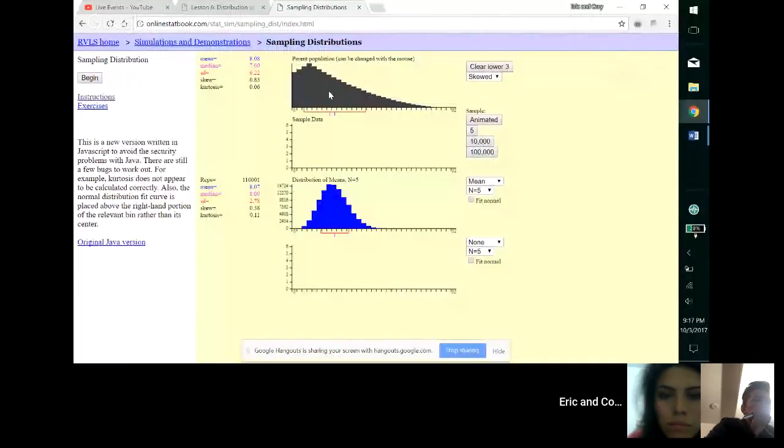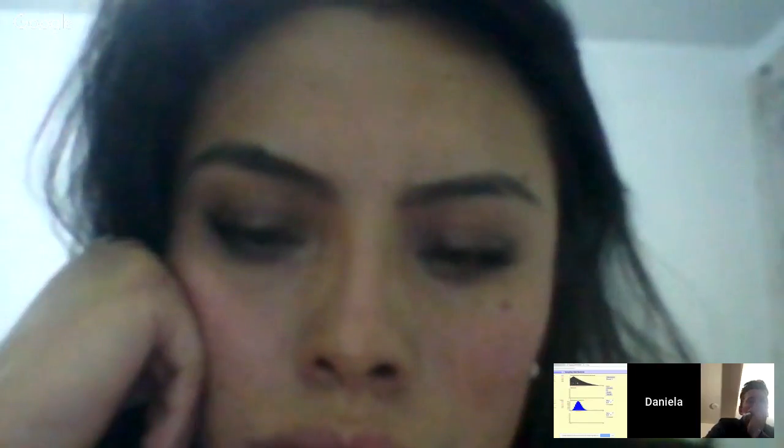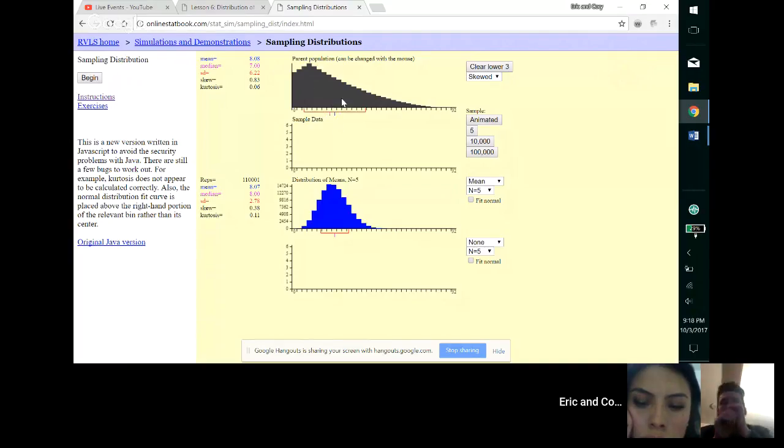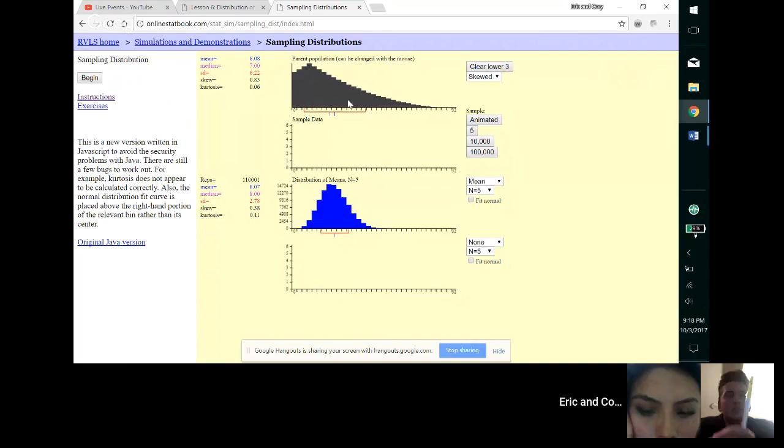Okay. So with this one, the parent population up here is really, really skewed this way. Right? But when you take the mean of all of these and distribute those, it brings it back to more normal. Look at the shape, it's normal. See how this is way skewed this way?